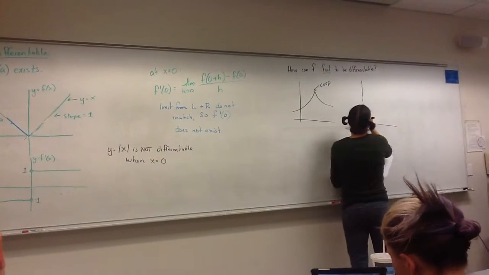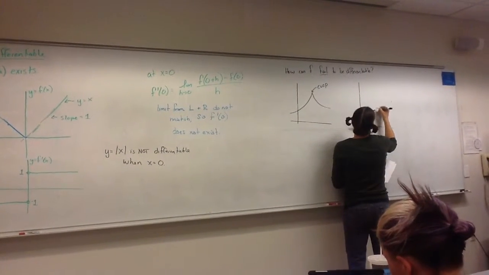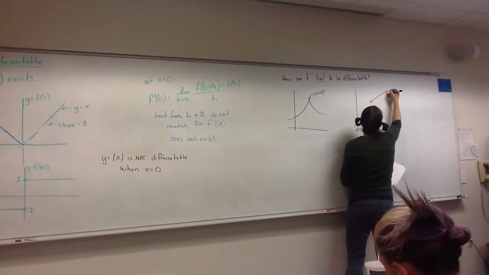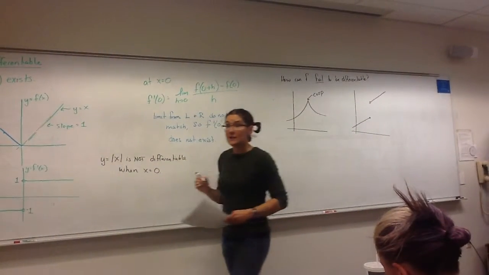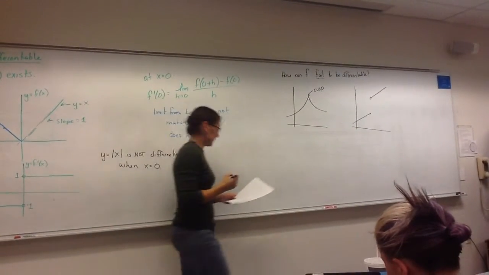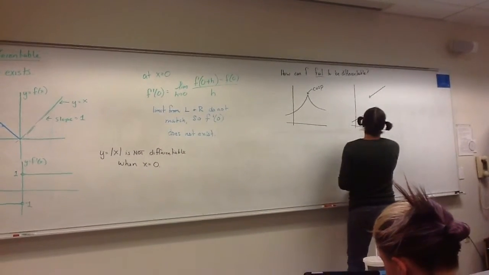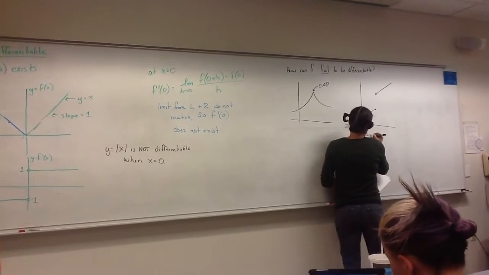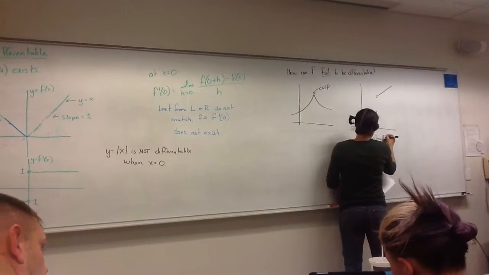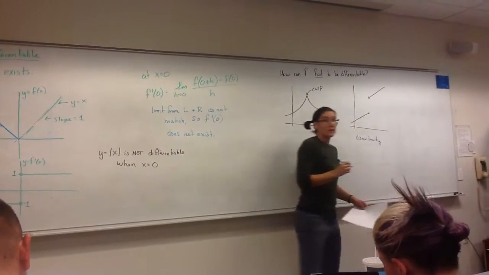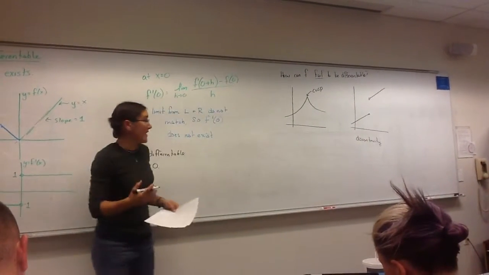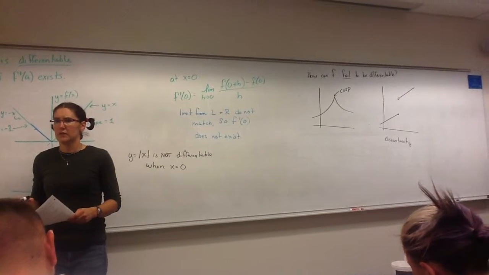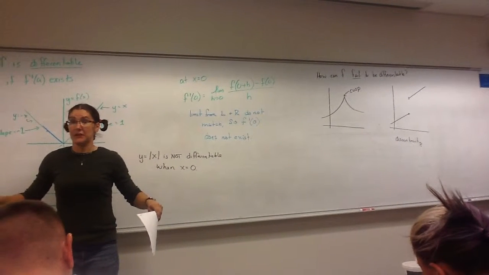Another place where a function can fail to be differentiable is if the function itself is not continuous. So automatically, if a function f is not continuous, it is automatically not differentiable.